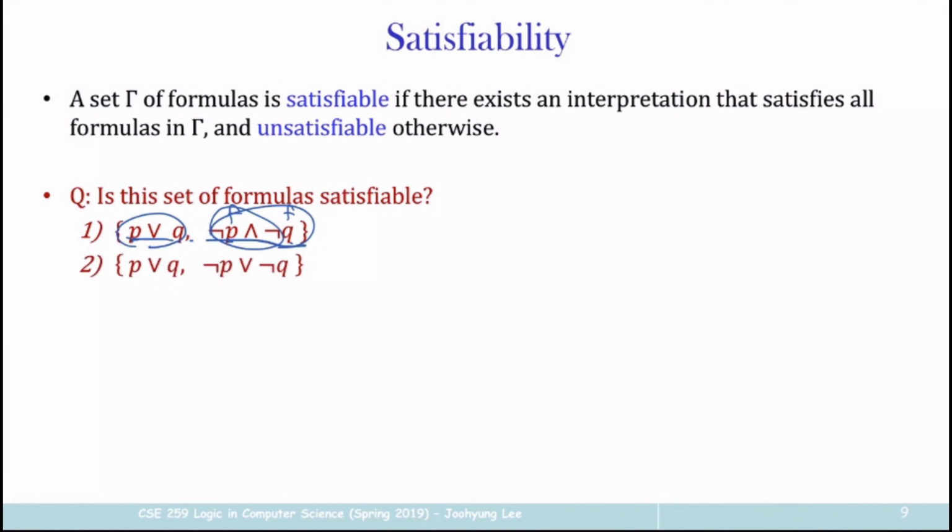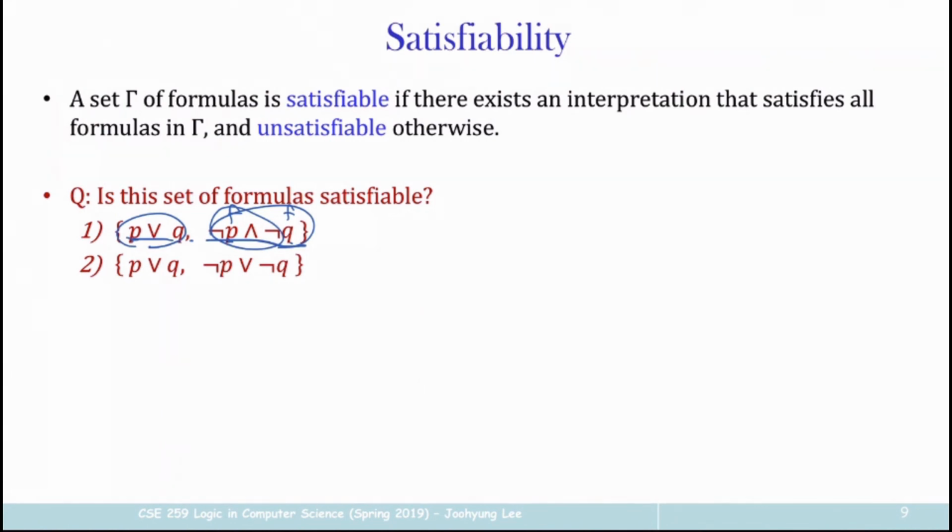Okay? What about this one? Is it satisfiable or not? It's true? So what is the interpretation?